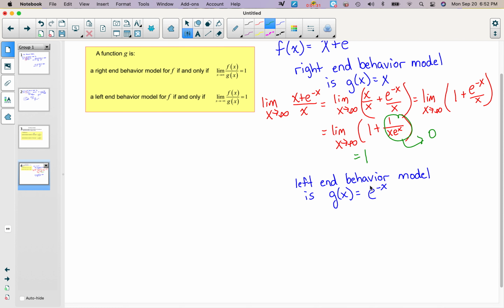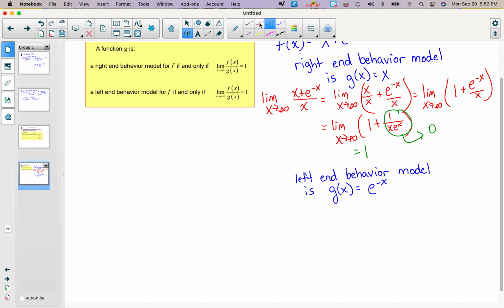Okay, so then let's show the next one. To show the left end behavior model, we're going to look at the limit as x approaches negative infinity of f of x over g of x. We need to show that that equals 1. So I'm going to split it apart.